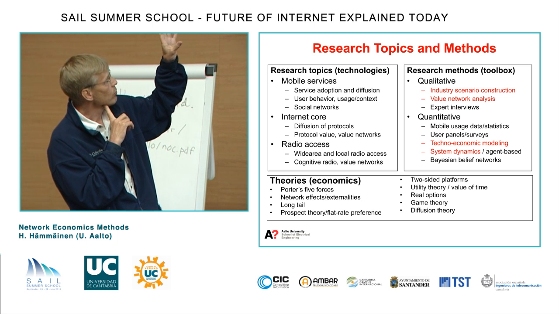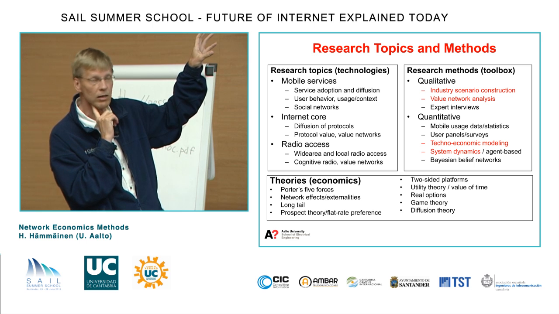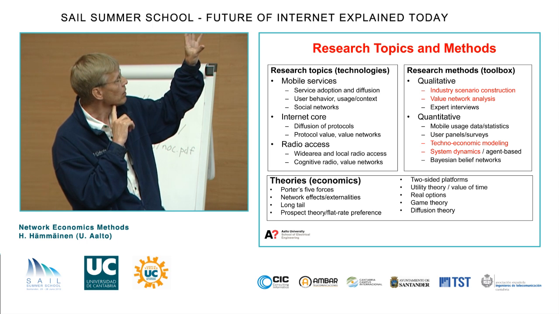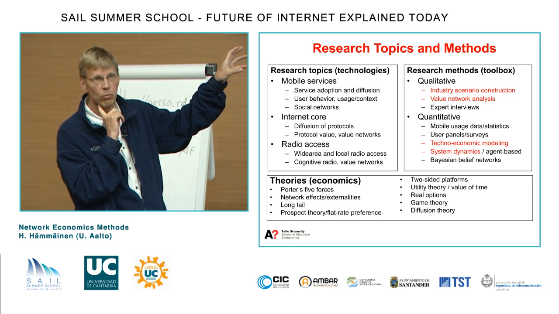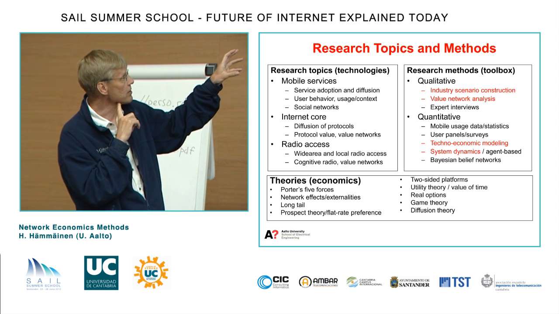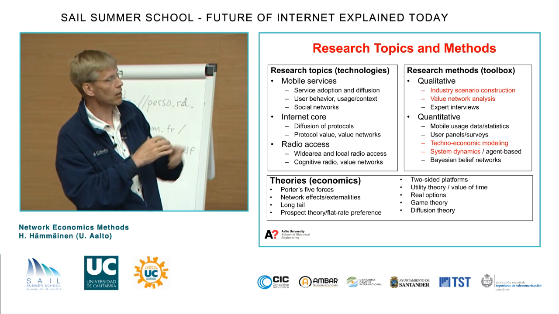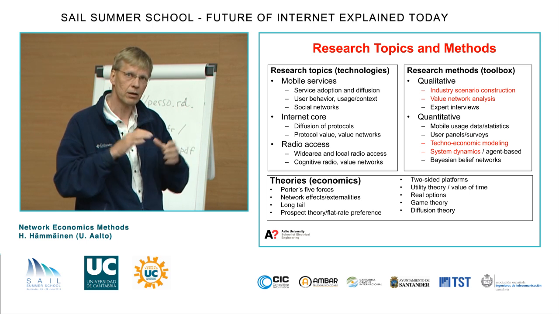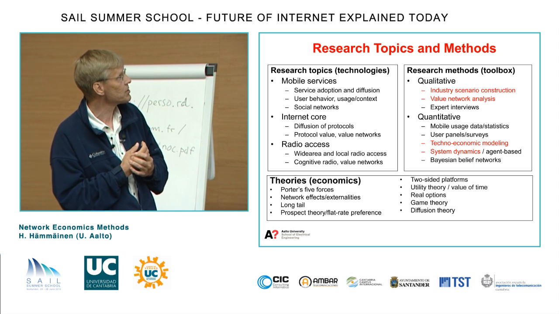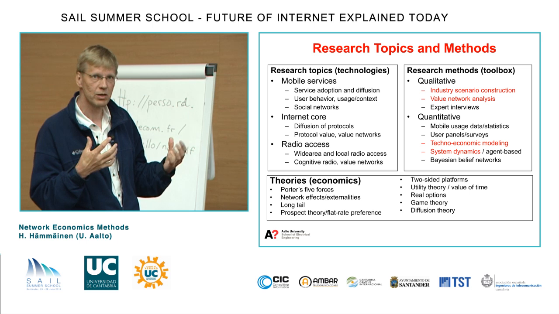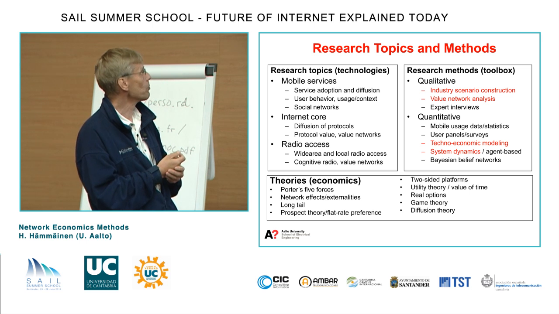Then there are protocol IETF-oriented people, Internet Core related people, and then radio access people who have radio protocol competencies. And all of these are extending their competencies towards economics, trying not to become real economists, but to understand and be able to discuss efficiently with real economists and so on.